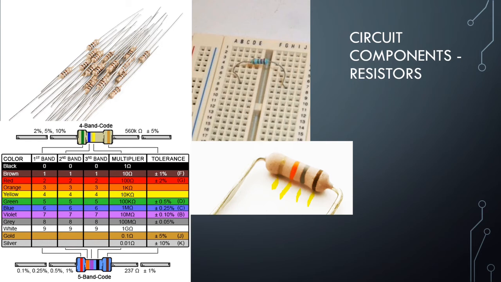So I've included a resistor chart for you to help identify the proper resistors. And so you can see, depending on if you're using a 4 or 5 band code, some bands are indicating the value, and generally the last band indicates the multiplier.